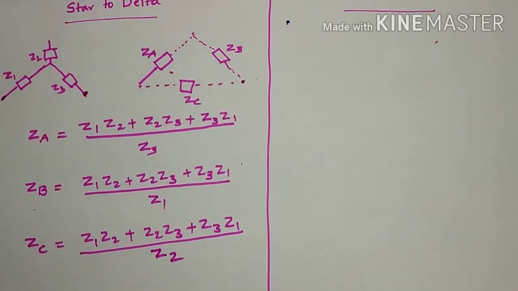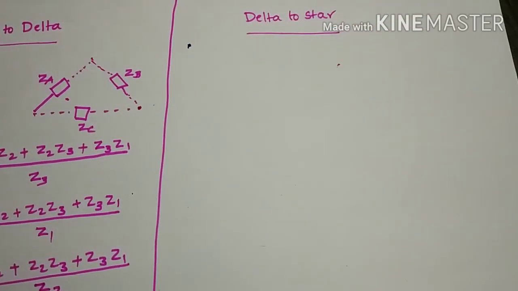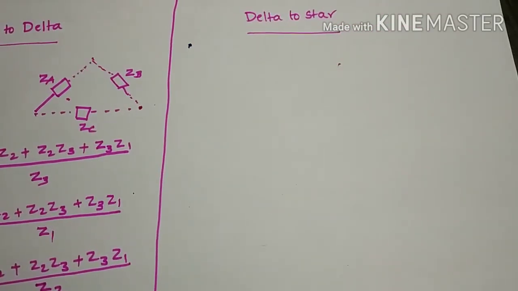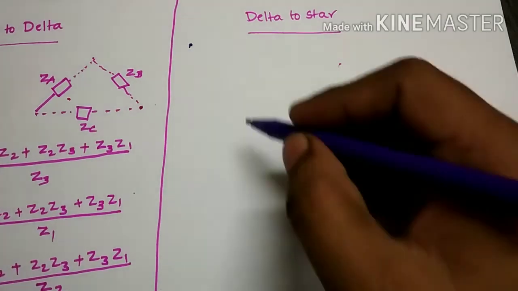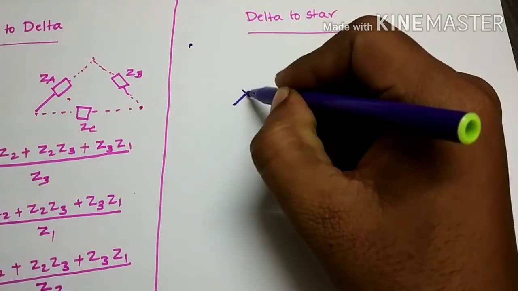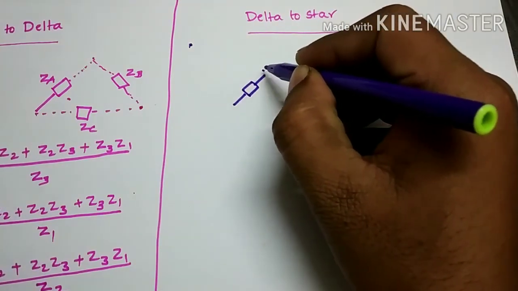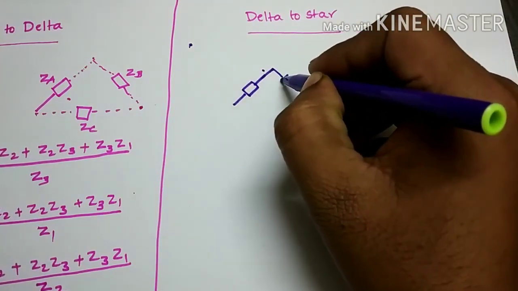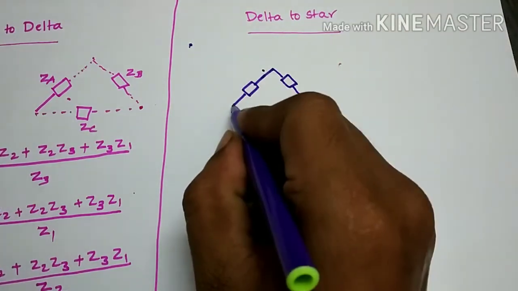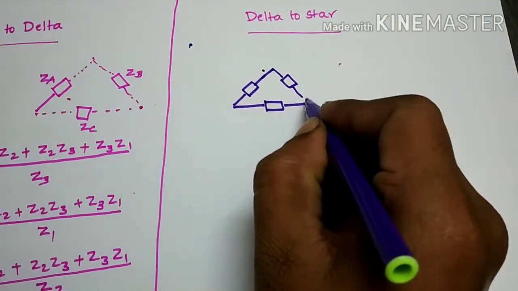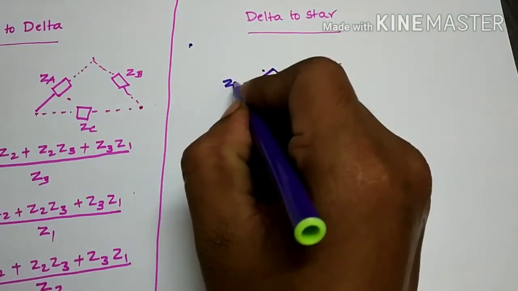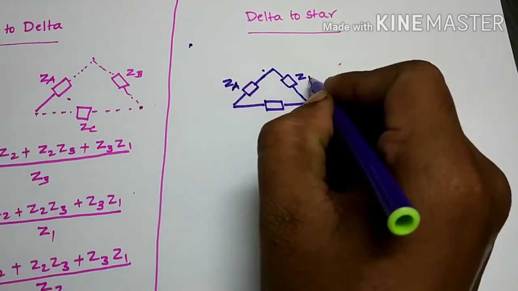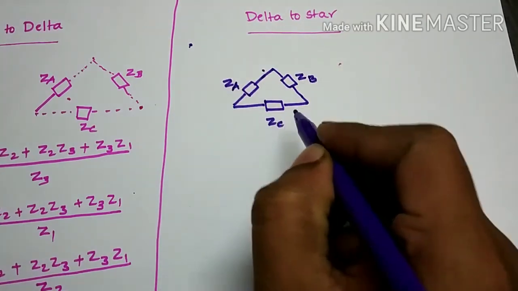Now we will discuss delta to star conversion. How can we convert a delta to a star connection? We have to draw the delta first. So this will be the given delta circuit. These are the known values ZA, ZB, ZC.